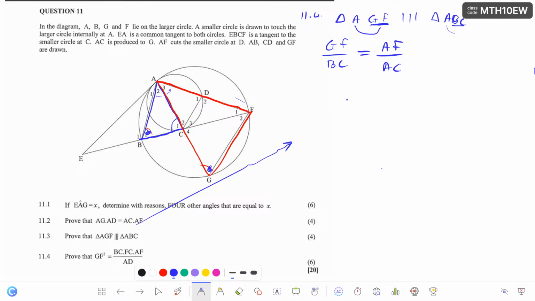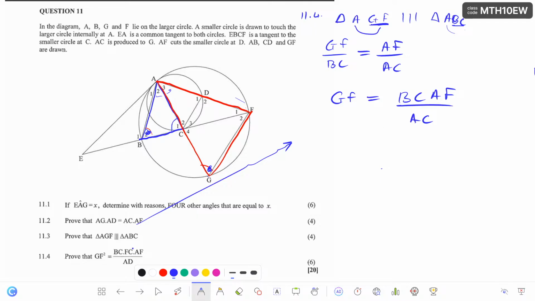So now we can do what? We can do cross multiplication because we are looking for GF squared. So we can say GF is equal to BC times AF divided by AC. So we have BC and AF.